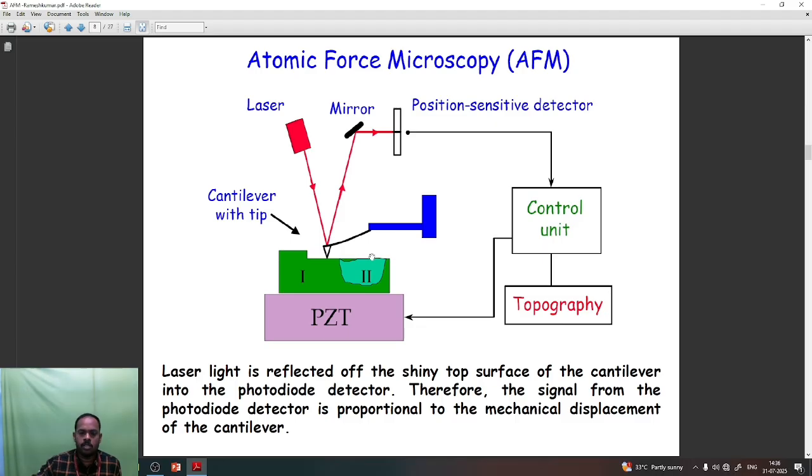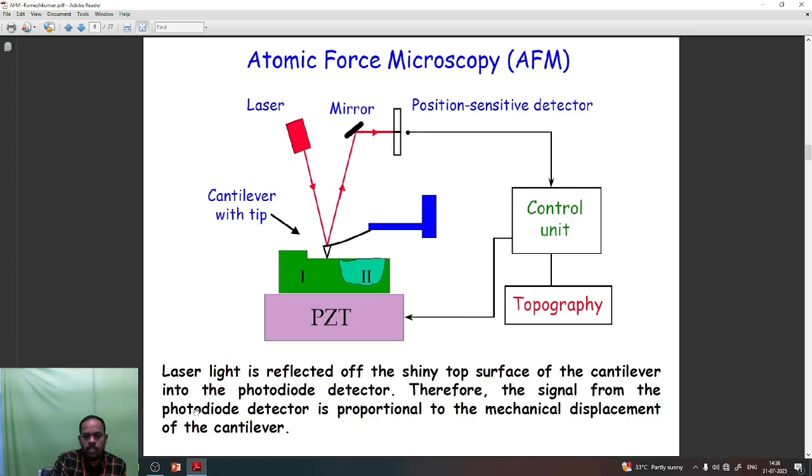So there will be a deflection in the up and down direction, the Z direction. That deflection is monitored through the mirror and the position sensitive detector. The specially designed mirrors acquire the deflection in the laser beam, which is converted into force. This force is again converted into an electrical signal, which is magnified as the image.